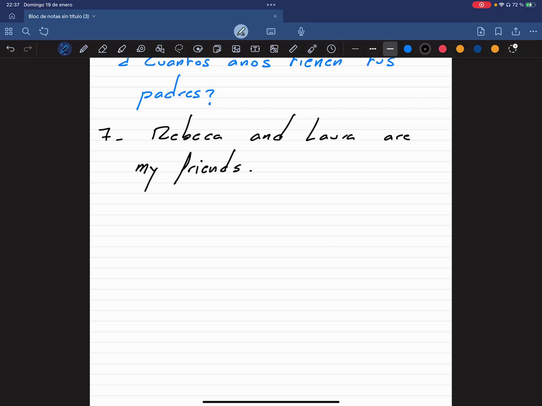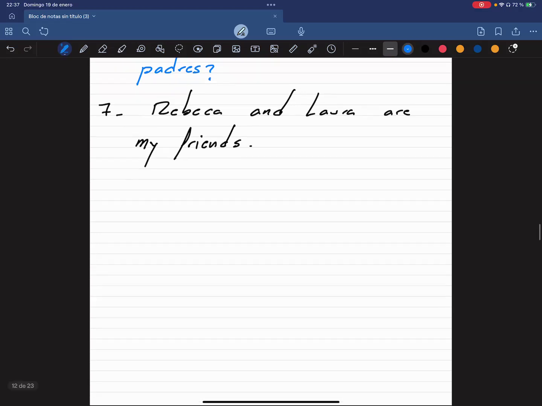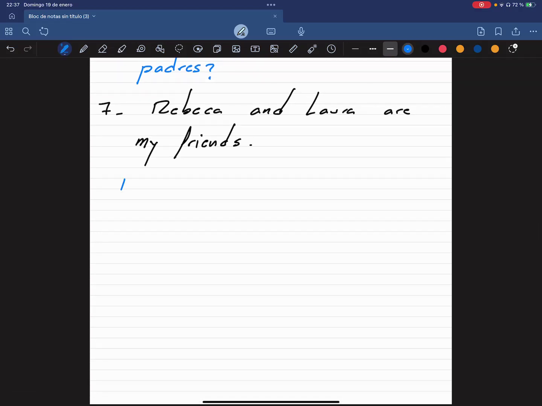And the verb that we use to identify is always the verb ser. Well done. So we say Rebecca y Laura. I'm talking about they. They are. Son mis amigas. Rebecca y Laura son mis amigas.